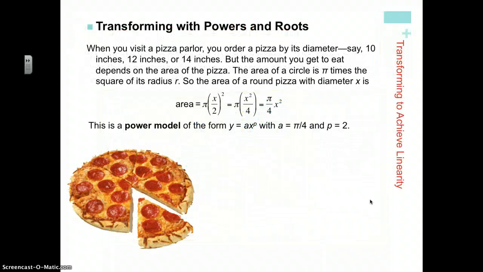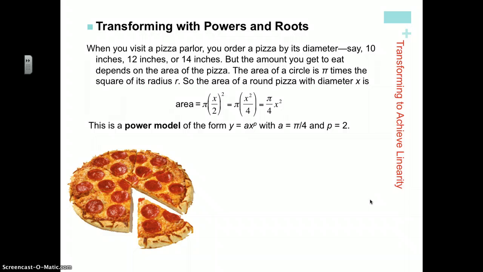Okay, so when you visit a pizza parlor, you order a pizza by its diameter, say 10 inches, 12 inches, or 14 inches, although it's usually like small, medium, or large. But the amount you get to eat depends on the area of the pizza. The area of the pizza is pi times the square of its radius, r.